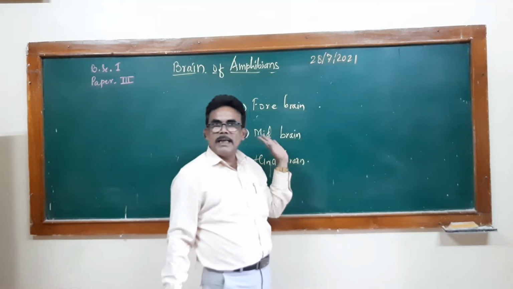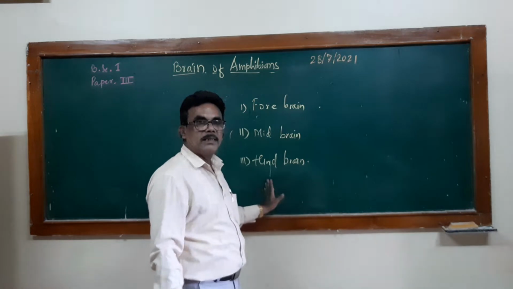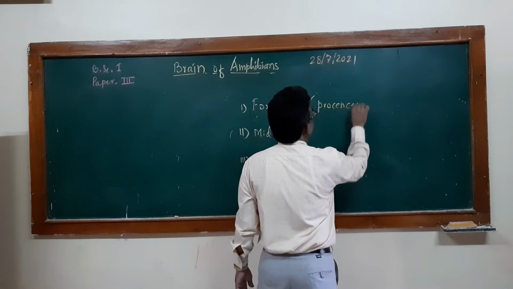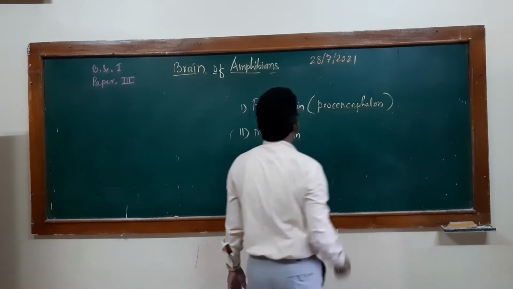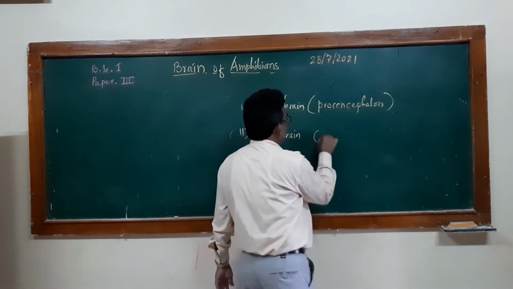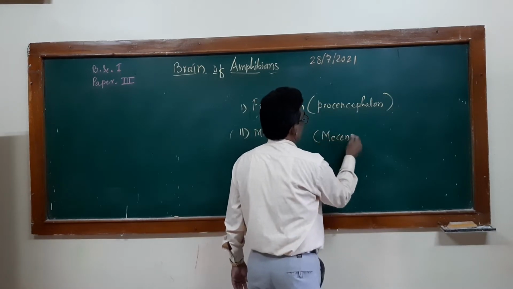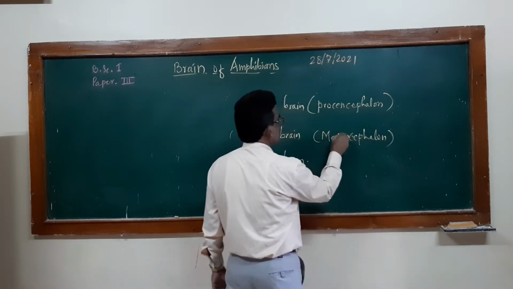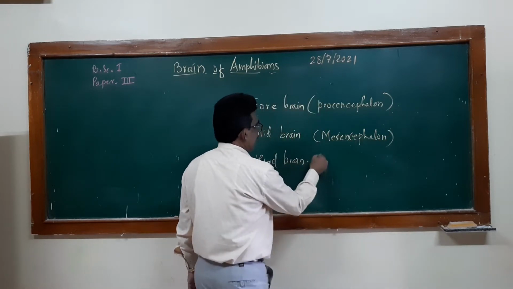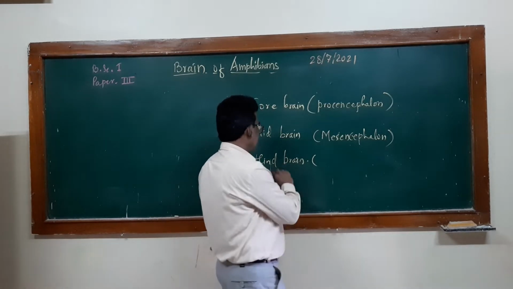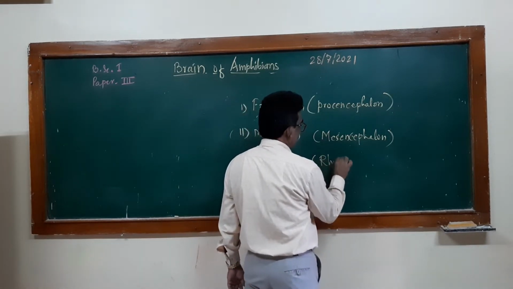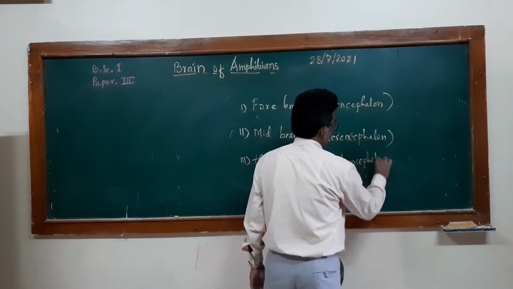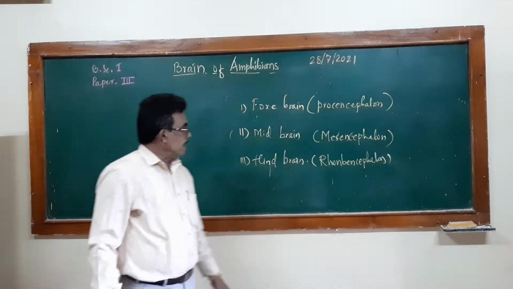And scientific names have been given to these three parts. The forebrain is called prosencephalon, while the midbrain is treated as mesencephalon, and the third part, the hindbrain, is called rhombencephalon.